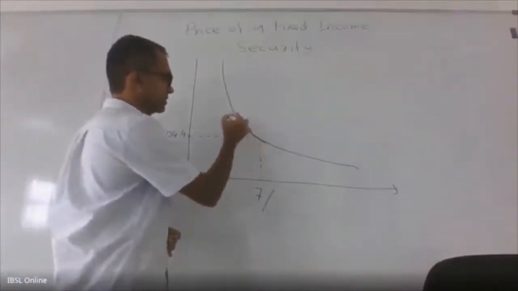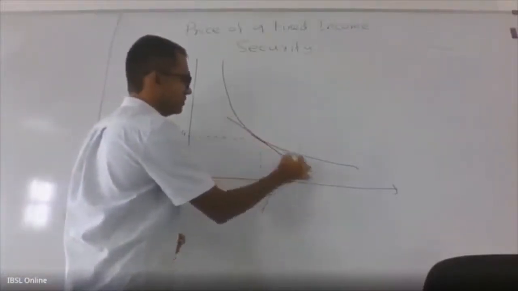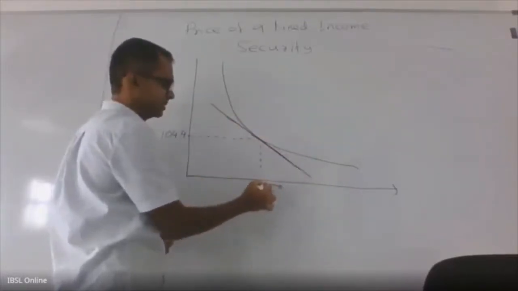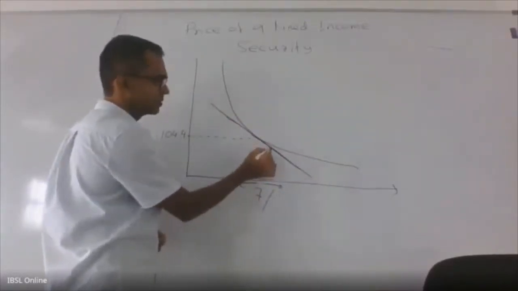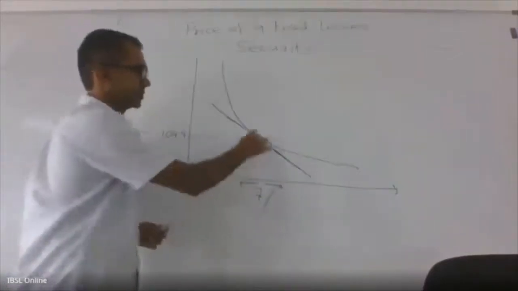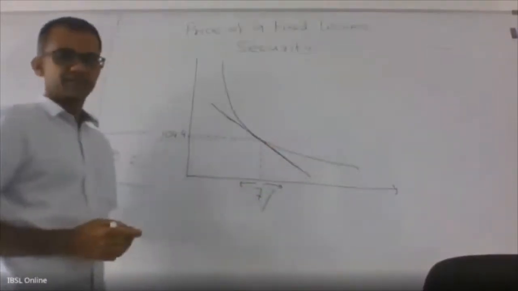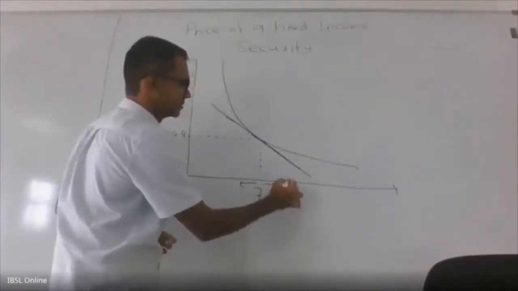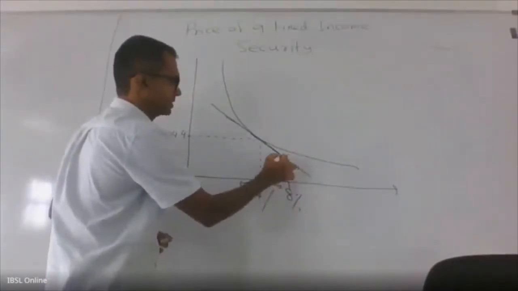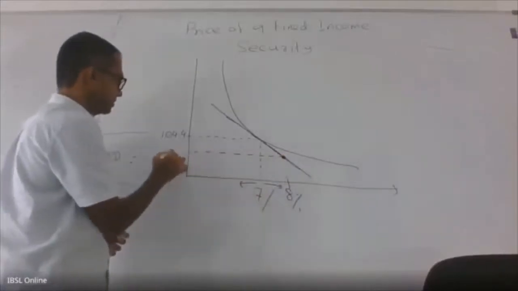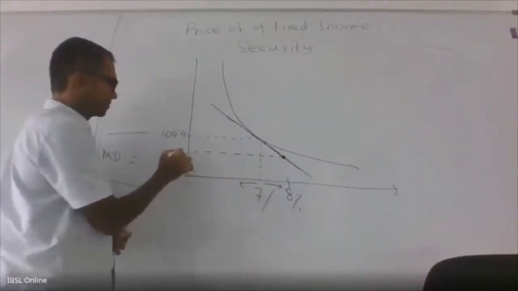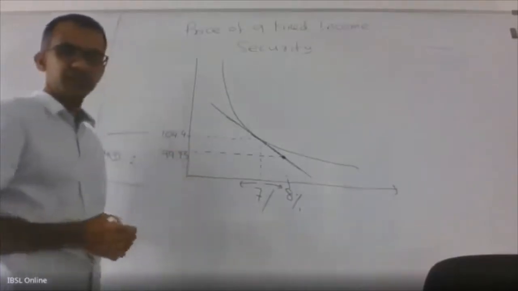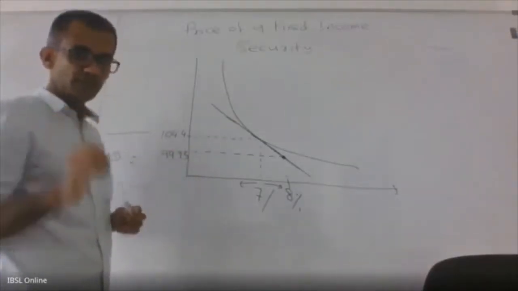So what does it mean? We assume a straight line. We think if the yield increases or decreases, the price would move along this line, not along this curve. So from 7% to 8%, we estimate the price here, 99.6 or 99.3 or whatever price we get once we use the modified duration.